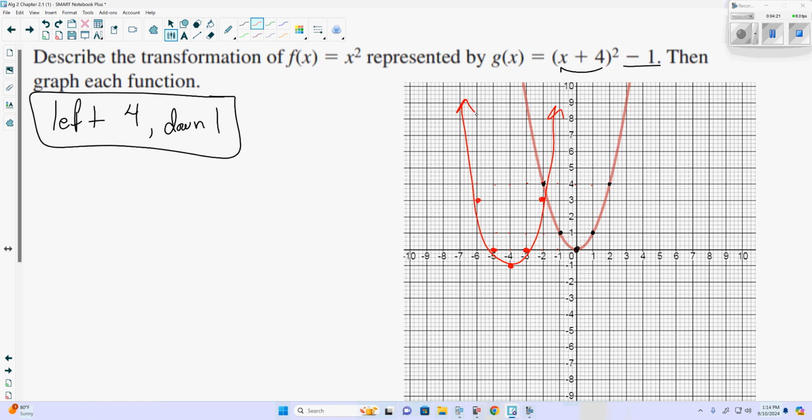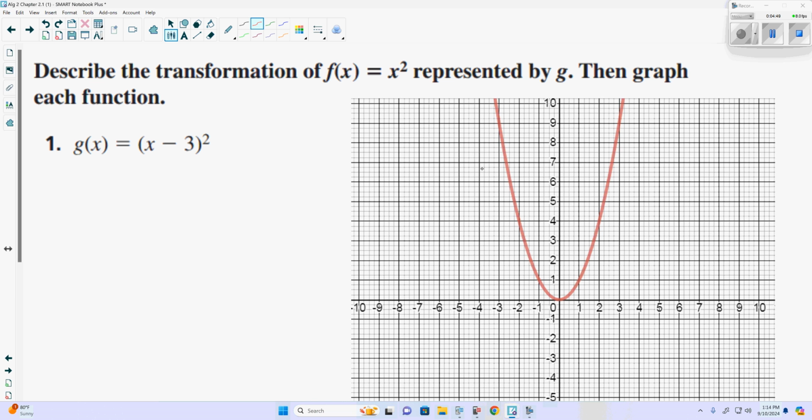We took the whole graph and moved it left 4 and down 1 to get the new graph. Does that make sense? That's really all we're talking about, this left, right, up, down. We're just moving the graph that amount. So every point on this graph is going 4 units to the left and down 1. Questions on this? We're ready for the next one.